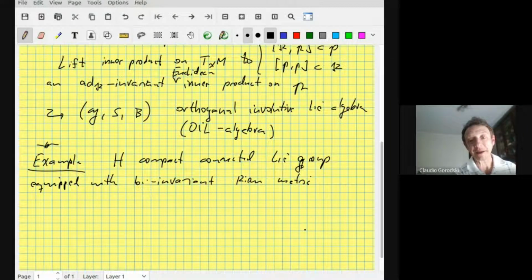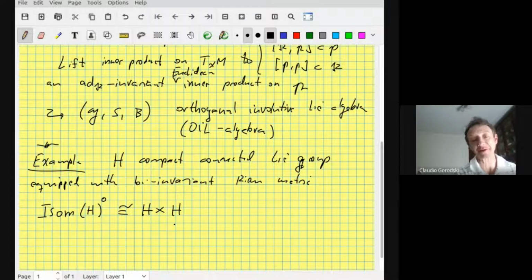What about the orthogonal involutive Lie algebra? Okay, well, here the isometry group of H, at least the connected component, is known to be isomorphic to H cross H, where the first factor acts by left translations and the second one by right translations.